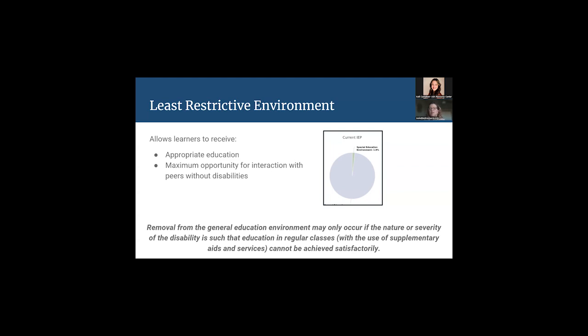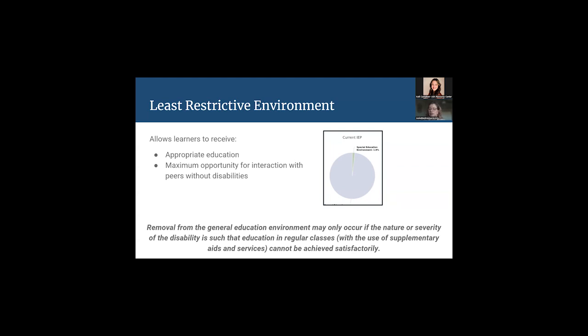This is important because statute says removal from the general education environment may only occur if the nature or severity of the disability is such that education in regular classes with the use of supplementary aids and services cannot be achieved satisfactorily. Again, IEP teams make this decision together.